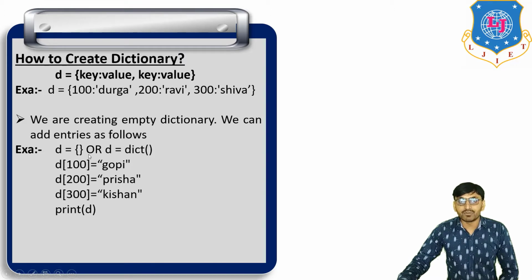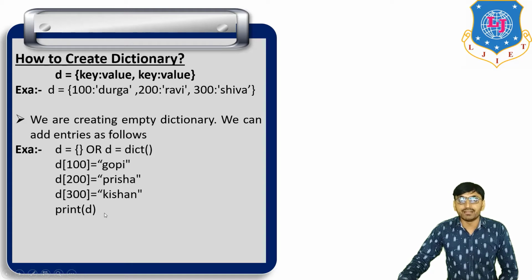Then we can create an empty dictionary and add entries as below. For example, D is equal to empty braces, or D is equal to dict with parentheses. That is also one type of empty dictionary. Now we add elements to this dictionary. D of 100 is equal to Gopi, then D of 200 is equal to Prisha, and D of 300 is equal to Kishan. So 100 is key 1 and Gopi is the corresponding value, 200 is key 2 with Prisha, and 300 is key 3 with Kishan.